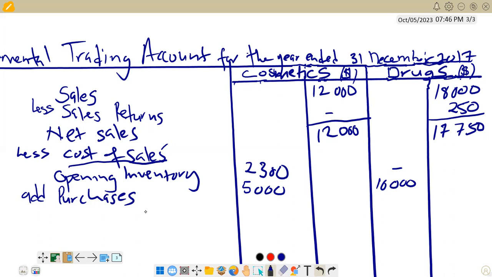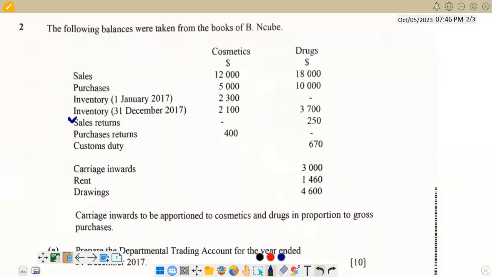Then we also check if we have got purchases returns, because we subtract purchase returns there, right? We have purchase returns on cosmetics only. On drugs, there's nothing. So we are going to subtract purchase returns on cosmetics.